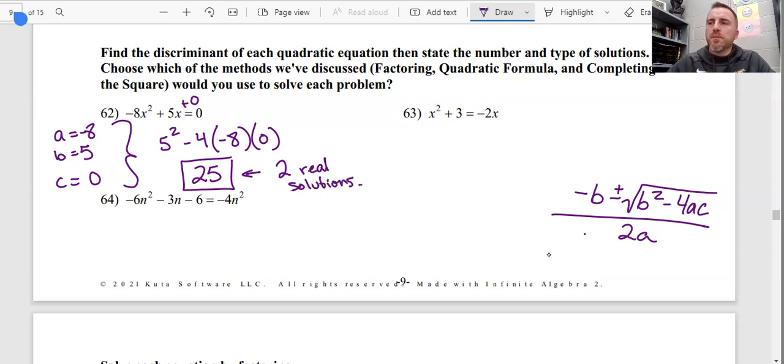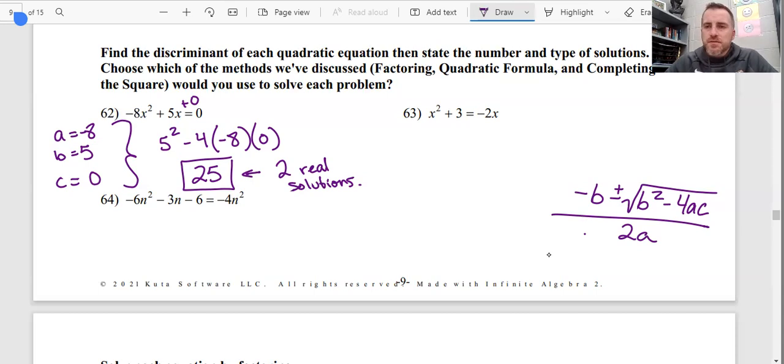Okay, and how would you go about solving this if you wanted to find out what those 2 real solutions were? Starting off, you could use the quadratic formula because it always works. You could use completing the square because it also always works. However, completing the square is really tough here.